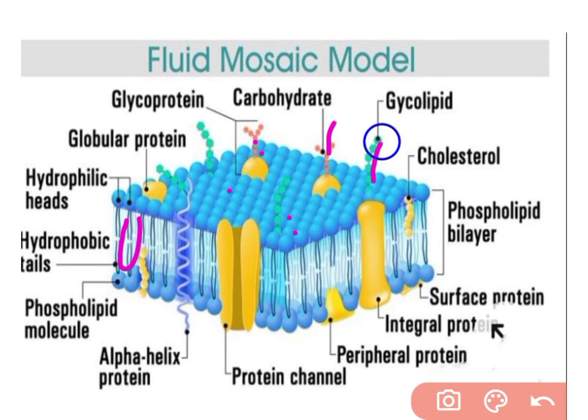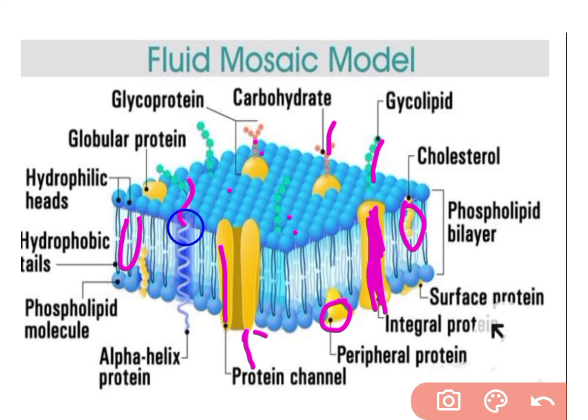This is a glycolipid, and this yellow is cholesterol. This is an integral protein, which is all around the plasma membrane, and this is a peripheral protein, only outside, and this is a protein channel through which ions can enter into the plasma membrane.